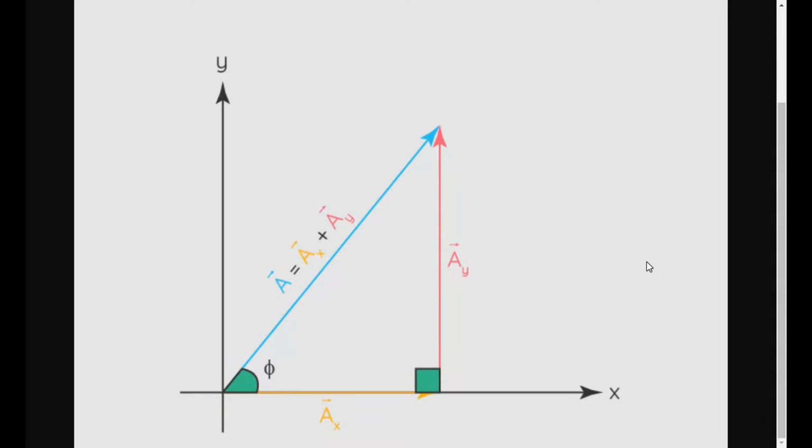I want to use these quantities. H square equals B square plus C square.